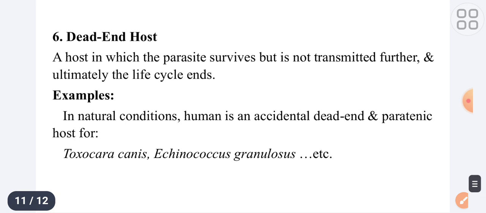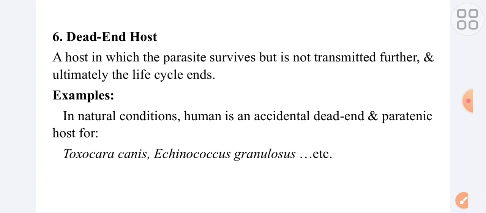Dead-end host. Here, the parasite will reach a stage in this specific host and will not develop further. It will die. So it is a host in which the parasite survives but is not transmitted further. It does not develop further, and ultimately its life cycle ends.